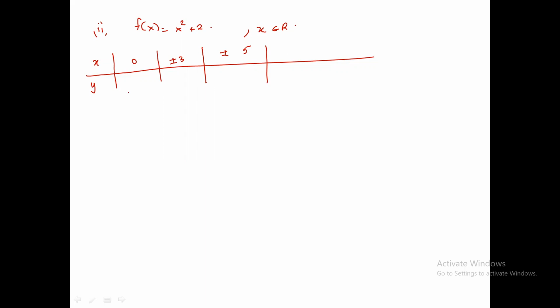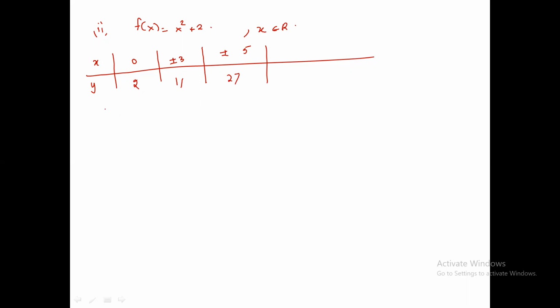If you put x as 0, 0 squared plus 2. If you put plus or minus 3, 9 plus 2, 11. Plus or minus 5, 25 plus 2, 27.